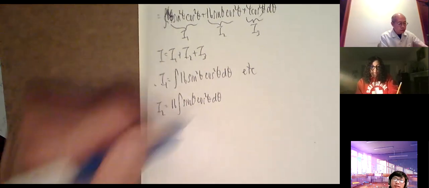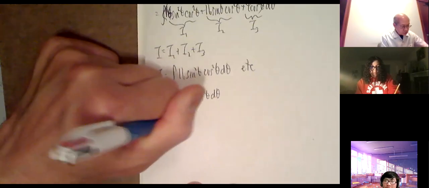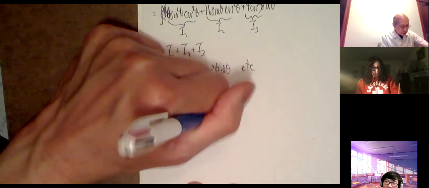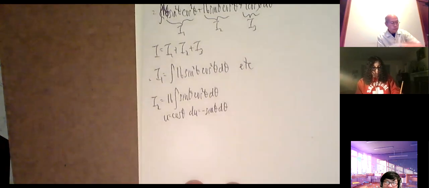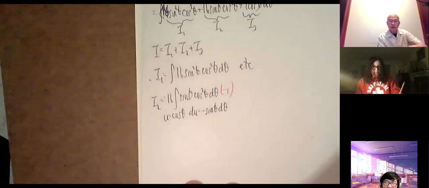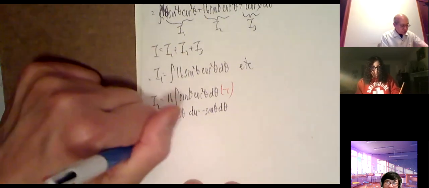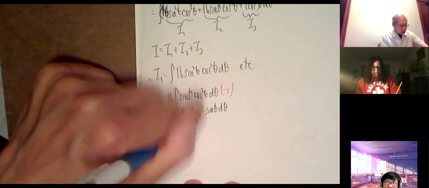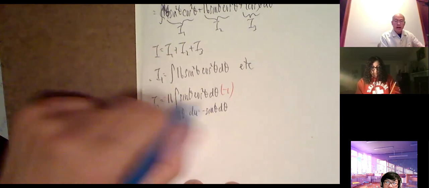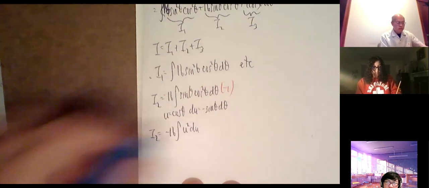So let u be cosine theta. du is negative sine theta d theta. Negative 1, negative. So I2 is negative 16 integral of u squared. Negative 1 sine theta d theta is du.